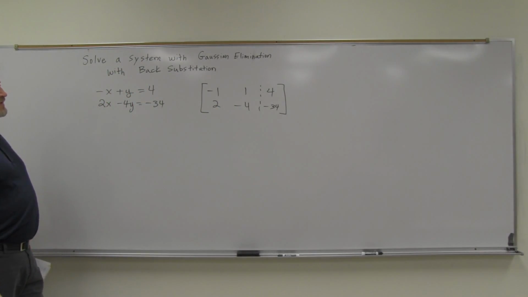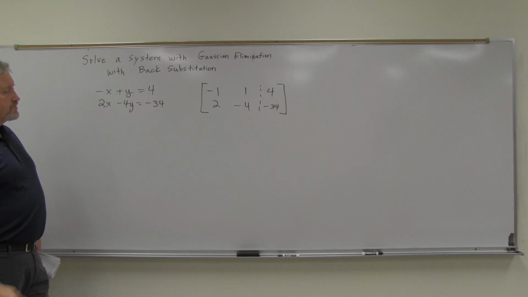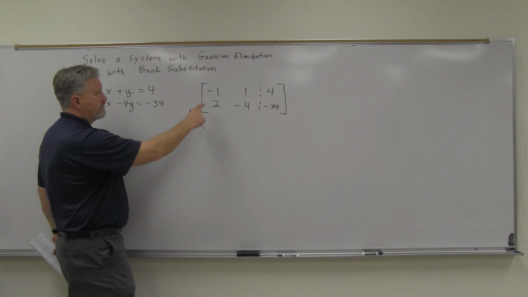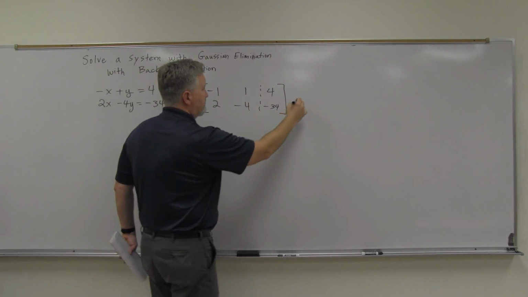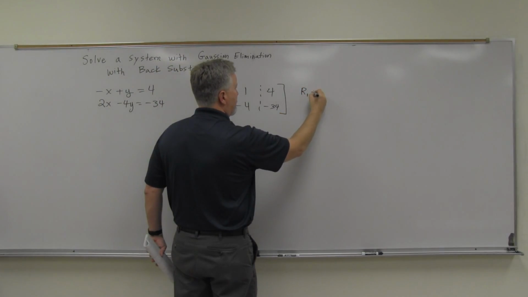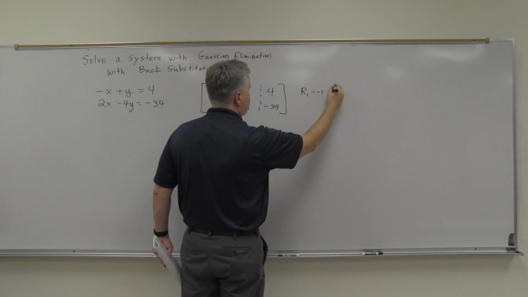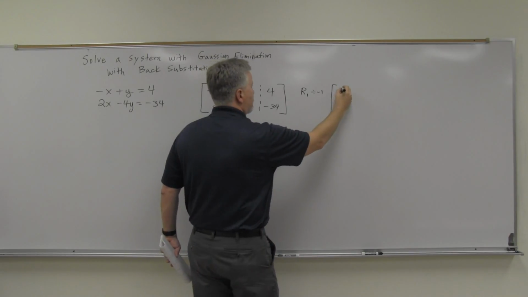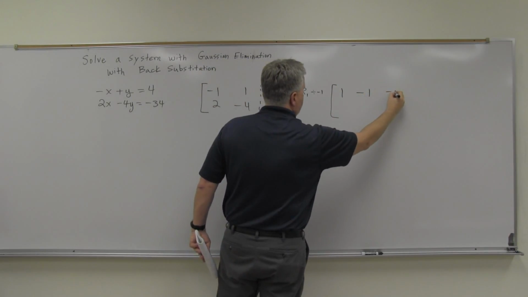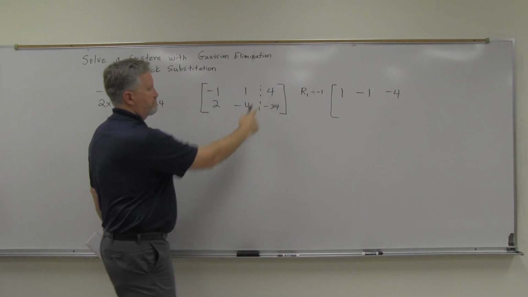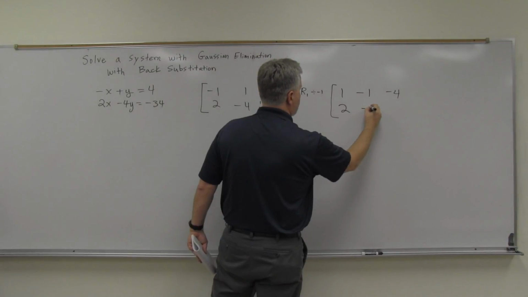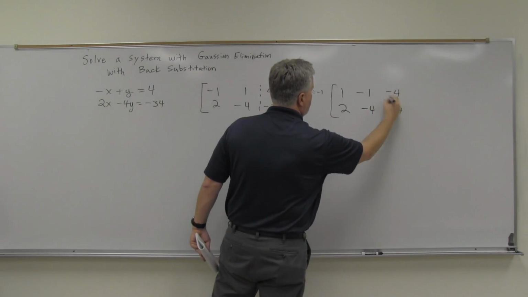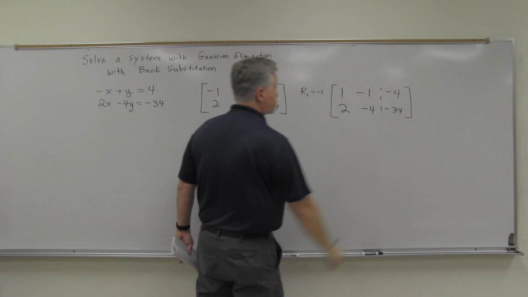Maybe not in that order, but the first matter would be to make this a positive 1, which all you'd have to do is divide row 1 by negative 1, or multiply by negative 1, however you want to think of that. So we're just dividing each of those by negative 1. And we'll do it all separate here.